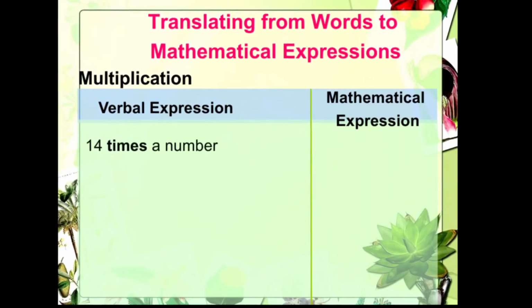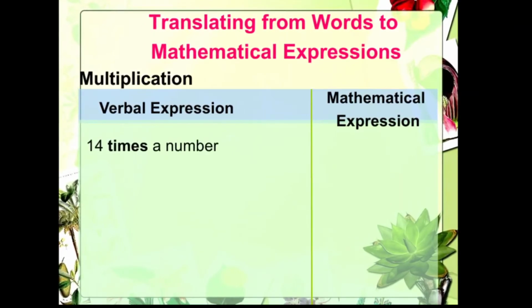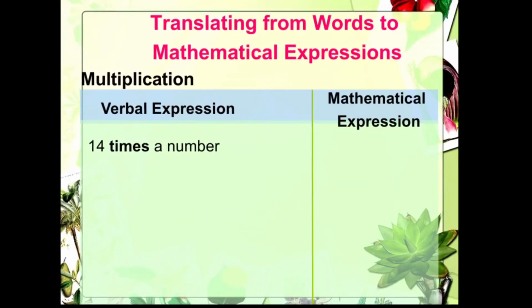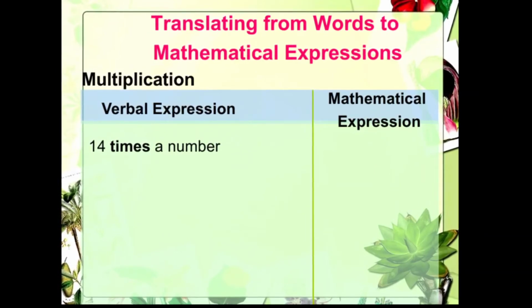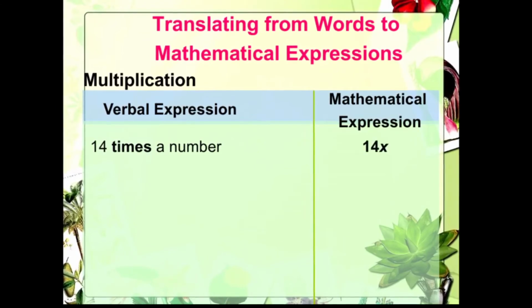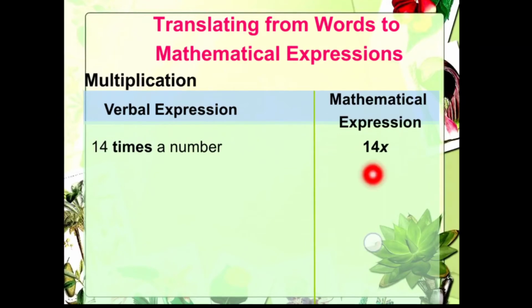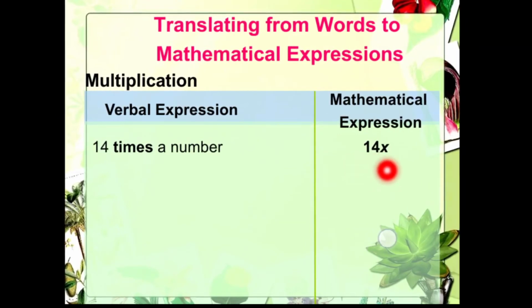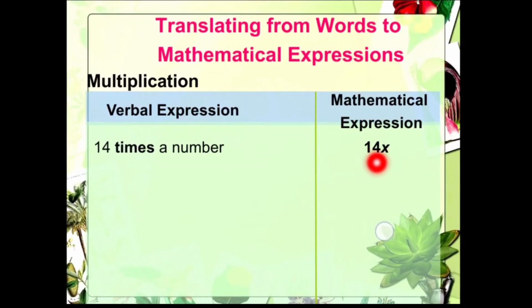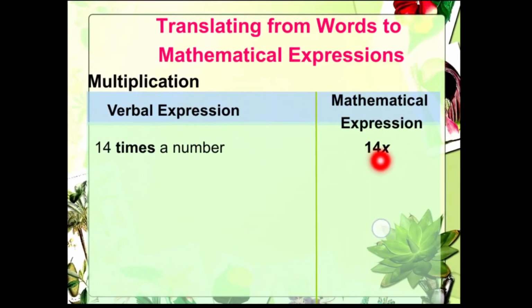Like for instance, 14 times a number. It means that you have to multiply 14 and the missing number. So in this case, we will use the letter x. So our answer is 14x. When you see this expression, automatic, that is multiplication. 14x, or simply 14 times x.